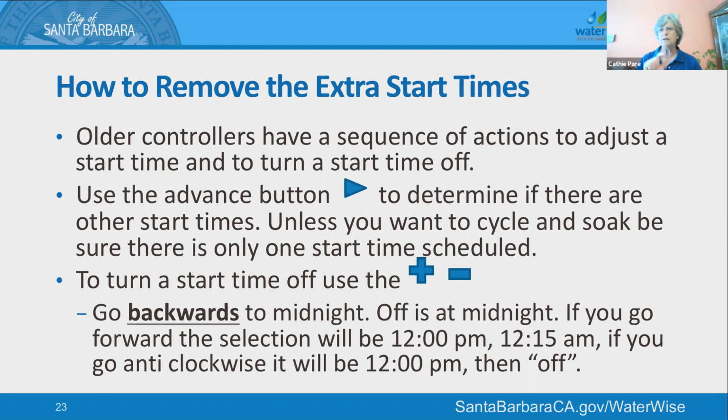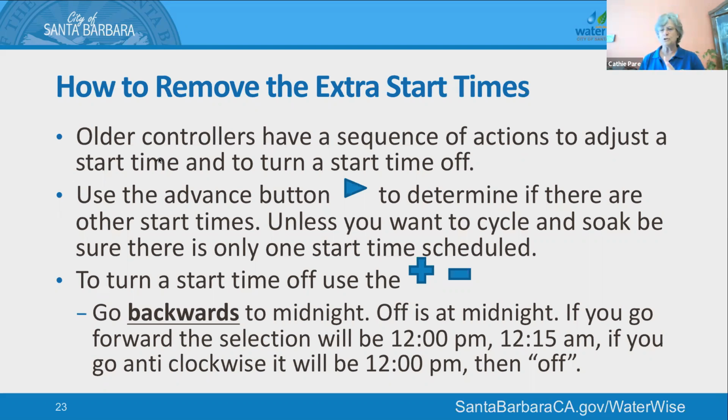Use the advanced button, go to start time number 3 and start time number 4 and make sure there are no times scheduled. What I see very, very often is that there'll be a start time. We're going to stick with 6 a.m. That's start time 1. You go to start time 2, it says 6 a.m. Even if the clock says exactly the same time, irrigation controllers only want to do what you have asked them to.